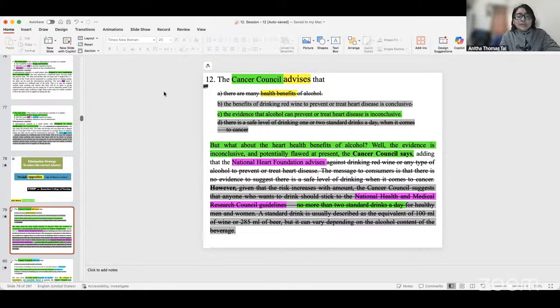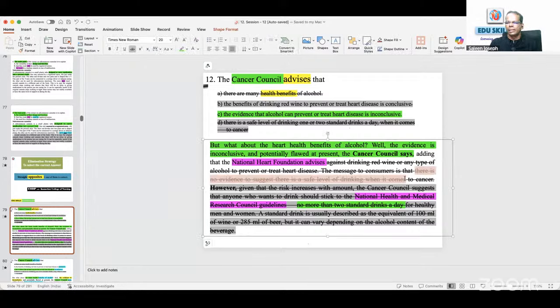But in the text, when you highlight the line, it is written there is no evidence to suggest there is a safe level of drinking when it comes to cancer.